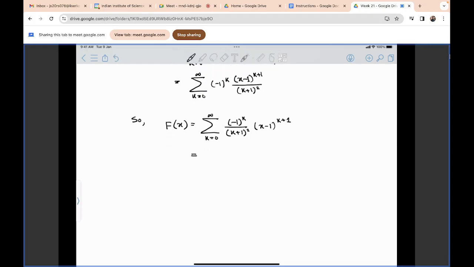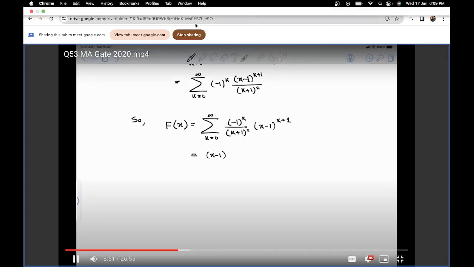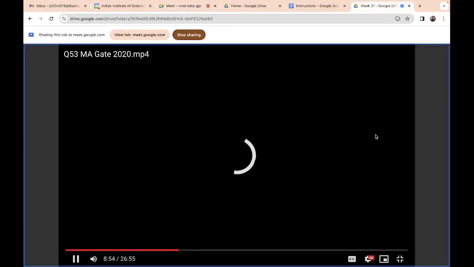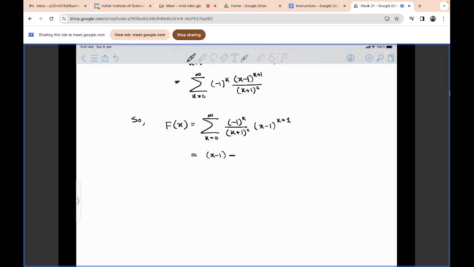For k equals 0 it's (x minus 1); for k equals 1 we get minus 1 by 4 (x minus 1) square, plus dot dot dot; for k equals 4 you get 1 by 25 (x minus 1) to the power 5, minus dot dot dot.